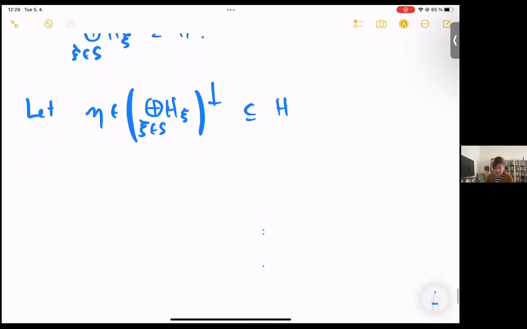Since it's in the orthogonal complement of all these H_psi's, we can again form this H_eta. And since eta is in the orthogonal complement, the inner product of any element in H_psi for psi in X with eta will be 0.